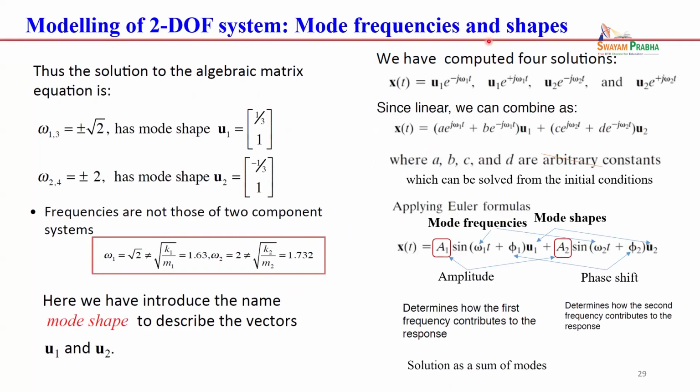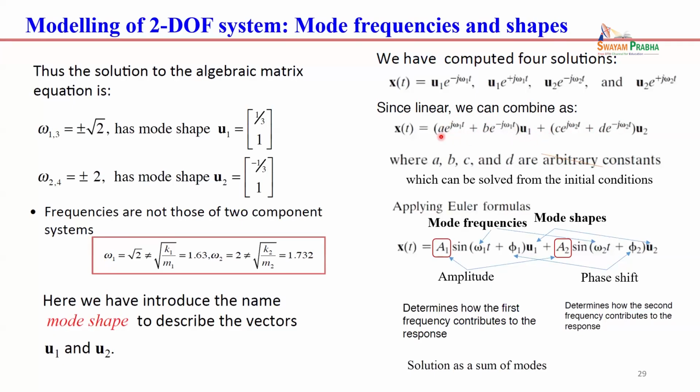So if you have an arbitrary input, right, and an arbitrary initial condition, you can solve that, right? The overall response is a combination of the first natural frequency with coefficients and the second natural frequency with coefficients, right?